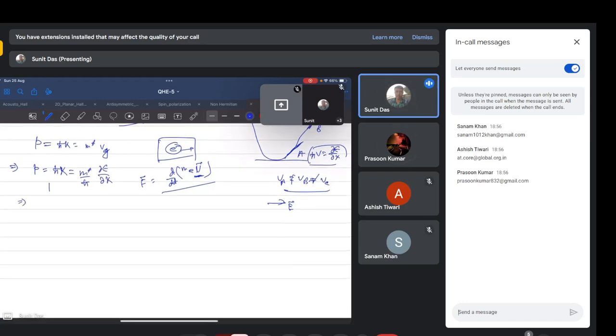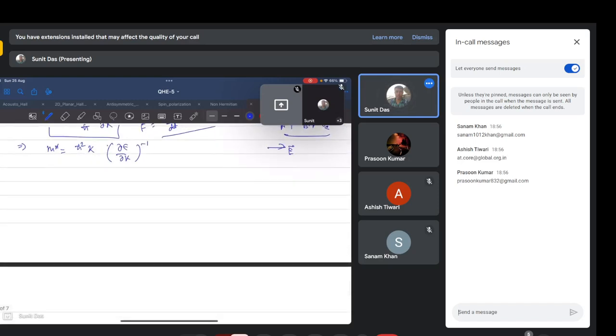And if we use this expression, then we'll have m star equal to h bar square k, and then del epsilon del k inverse. For graphene, del epsilon del k is simply h bar vf, the k is gone, so this will be h bar square k, and then the inverse of h bar vf.